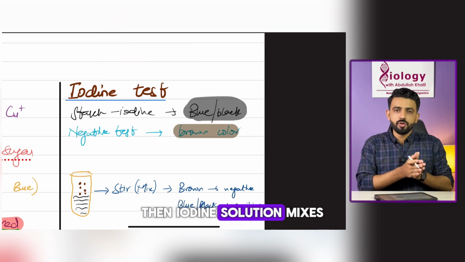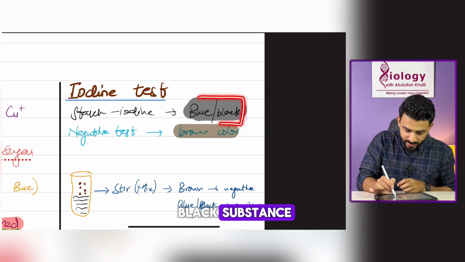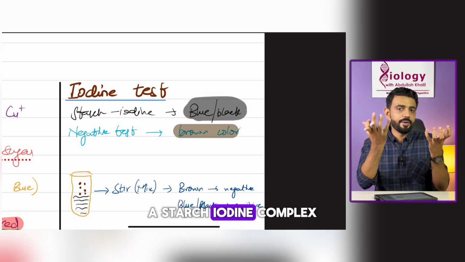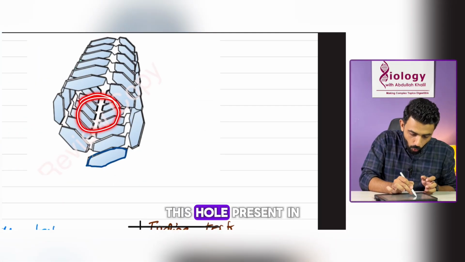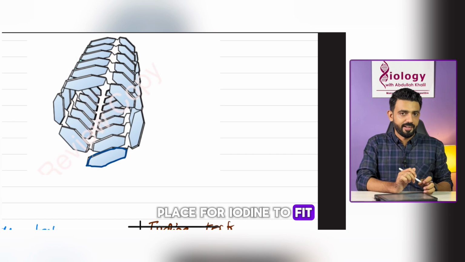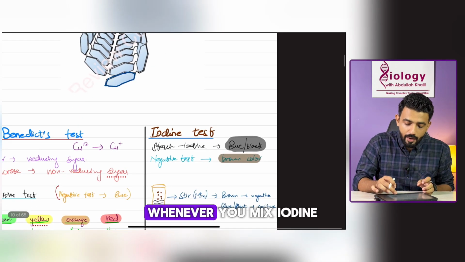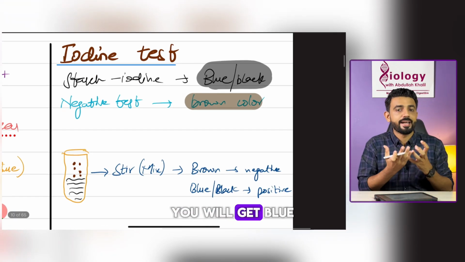When iodine solution mixes with starch, it forms a blue-black substance, a starch iodine complex. This hole present in the center is actually the right place for iodine to fit in, forming starch iodine complex, which is blue-black in color. So whenever you mix iodine with the starch, you will get blue-black color.